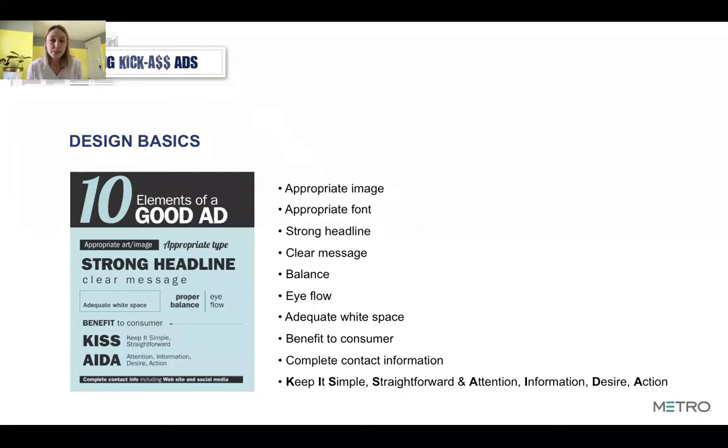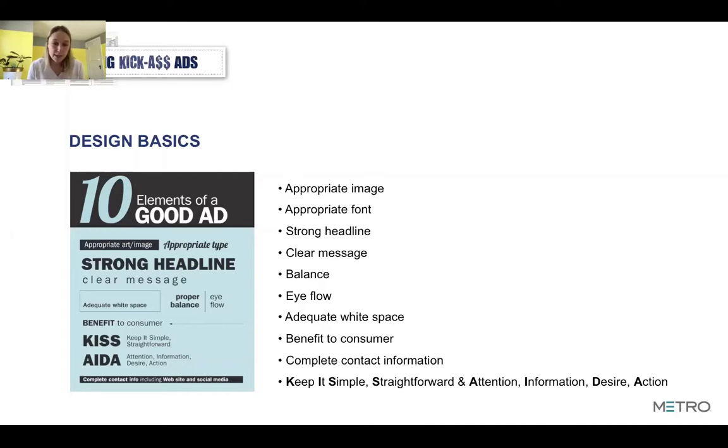So I've listed them here, and I'm going to discuss each and show examples. So I'll just go over the list. We have appropriate image, appropriate font, a strong headline that's going to pull the reader in, a clear message, good balance of images and text. You want a good eye flow. As a designer, you control how a reader will take in the information and what's important based on the layout.